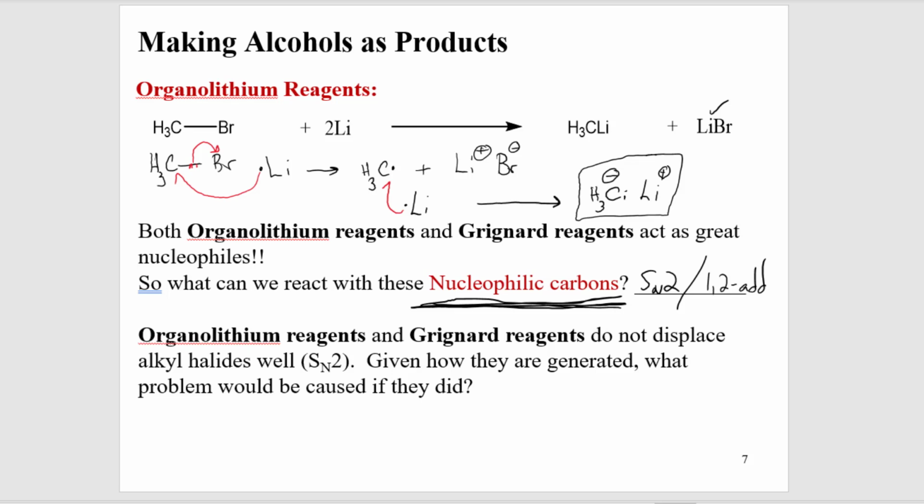Because if that were the case, once you generated your final product here, wouldn't it just react with the starting material and do an SN2? Yeah, it would. So that's not what happens. We can very safely generate these methyl lithiums or alkyl lithiums and Grignard reagents because even though they are carbon minuses, they're actually poor SN2 nucleophiles. That would be a problem otherwise.